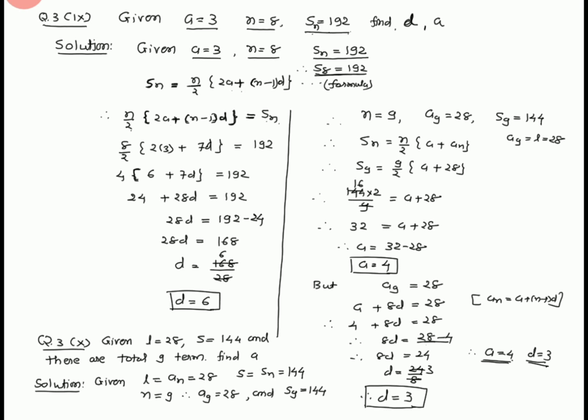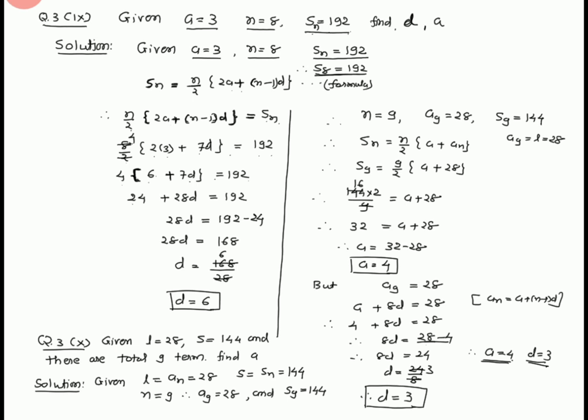Putting the value n equal to 8, 8 upon 2, 2 into the value of a, 3, plus 8 minus 1, 7, into d, equal to 192.